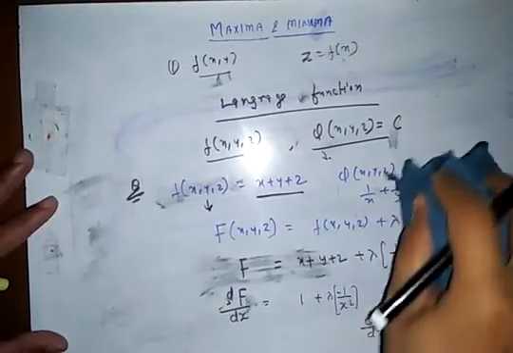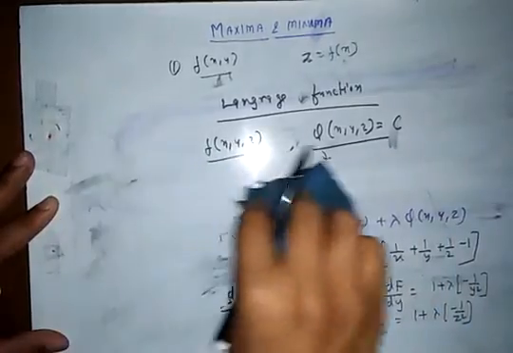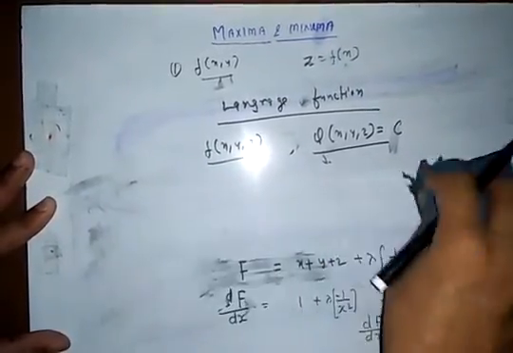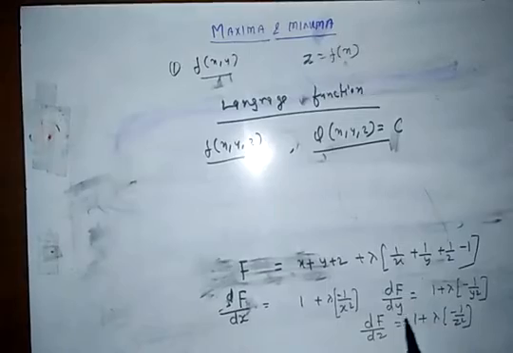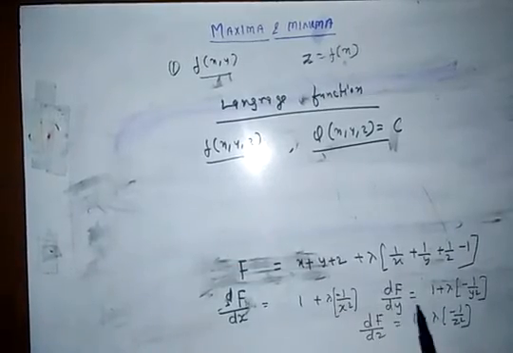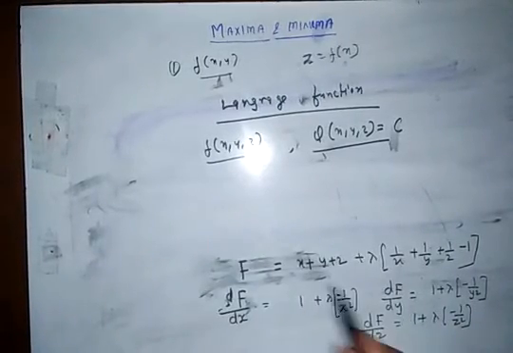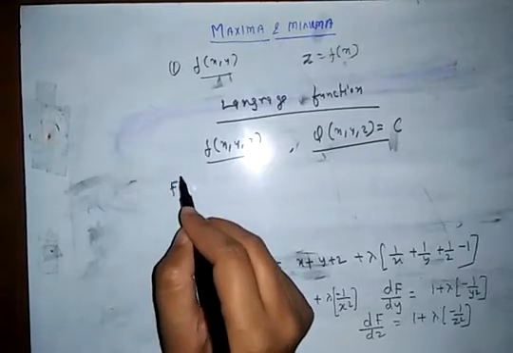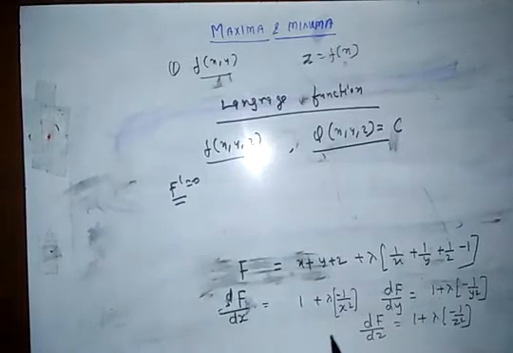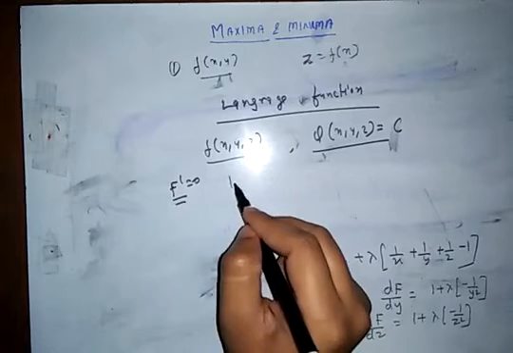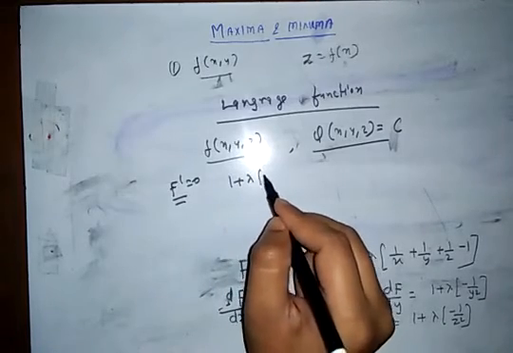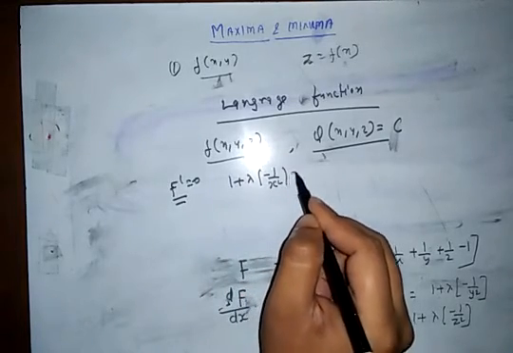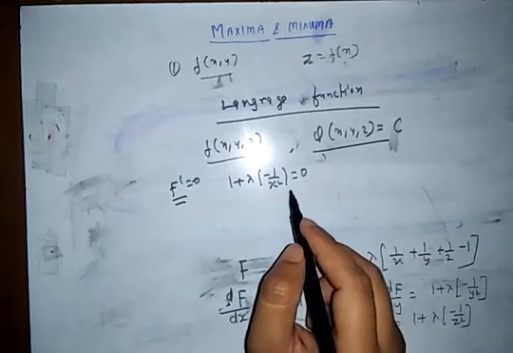Now I am removing these portions. Now when I put f dash equal to 0, first you put 1 plus lambda times minus 1 by x square is equal to 0. So you will get the value of x.